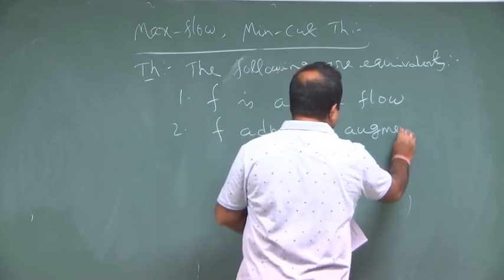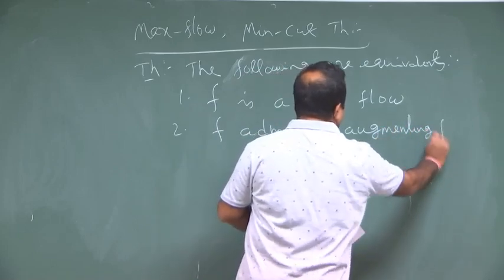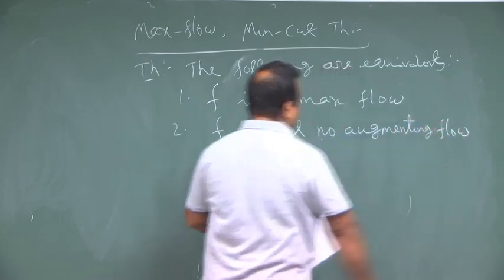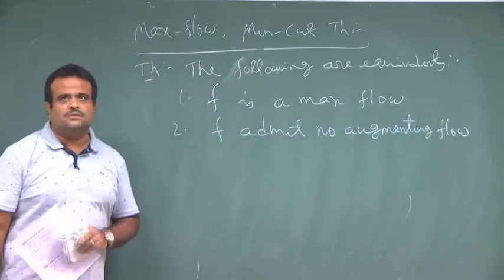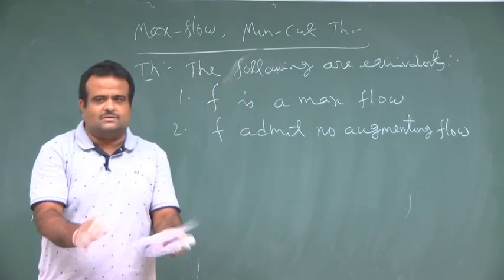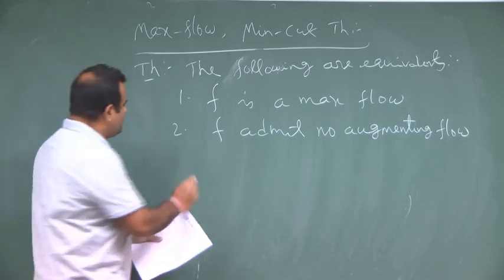That means, because if there is an augmenting path, we can pass some more current there, so it is not a max flow.